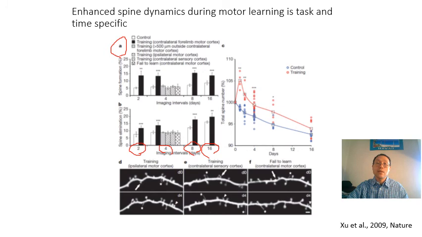So what this means is that motor learning really induced an initial additional insertion of dendritic spines, which means that there are more synapses being inserted into the circuit, followed by an elimination of the dendritic spines, which means that there is an initial recruitment of additional synapses followed by additional refinement of the synapses, and this is how the motor trajectory is refined over time.